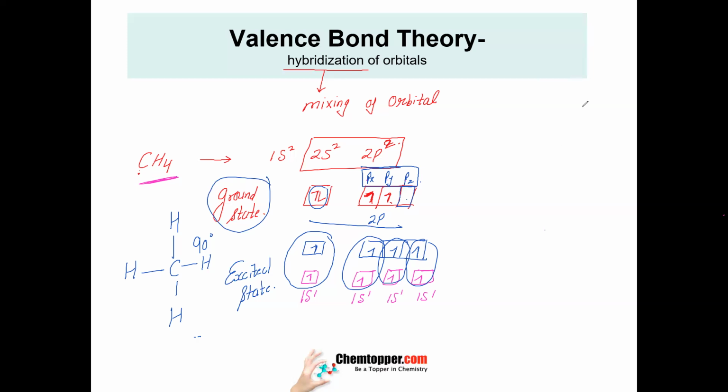Now let's draw the Lewis structure of CH4. Central atom, carbon, make the skeleton, four hydrogens. Follow the rules of Lewis structures. How many total valence electrons? 8. How many are used? How many are left, Sanjeev? All are used.